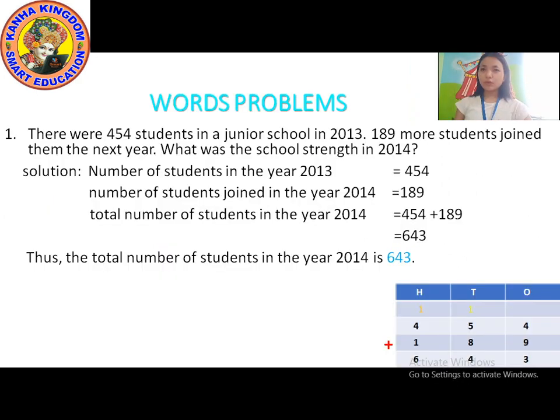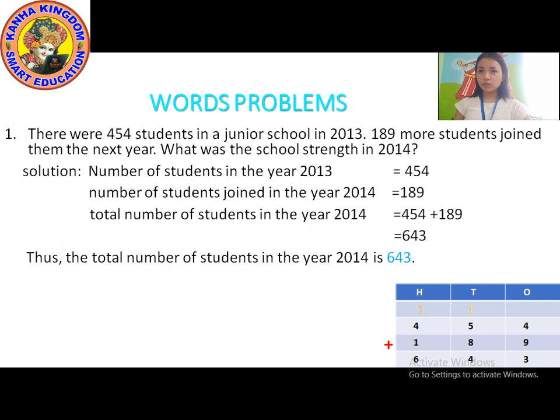Now we are going to solve some word problems. Okay, I already told you a word problem is like a story. So example 1: there were 454 students in a junior school in 2013.